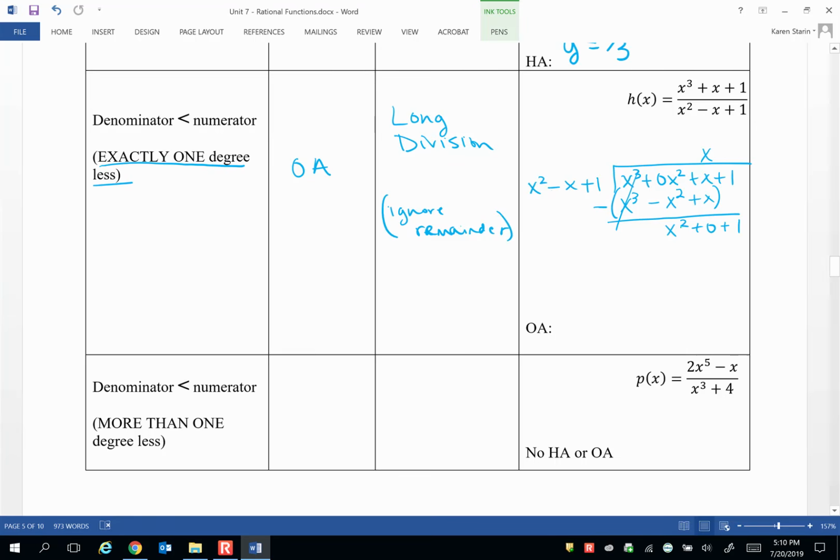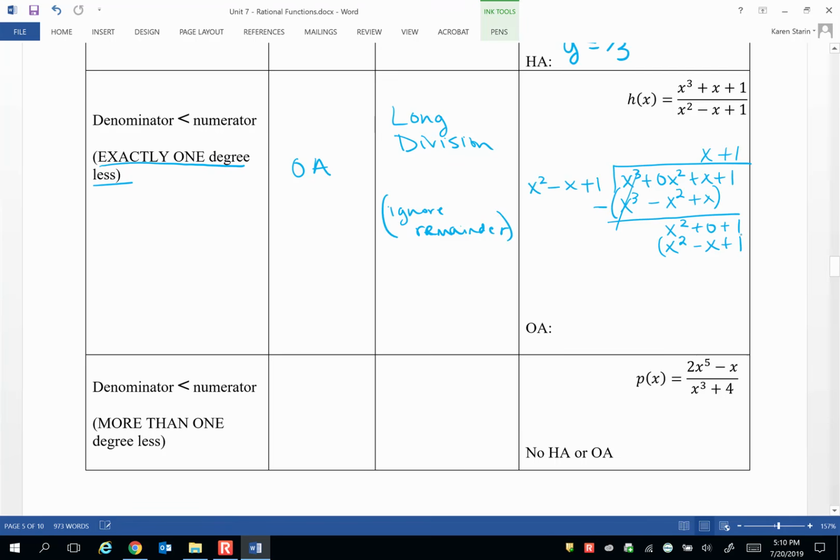Now I need to eliminate x squared, so I just need to say plus 1, because by design in long division I want to eliminate the highest degree term. Then 1 times x squared is x squared, 1 times negative x is minus x, and 1 times 1 is plus 1.